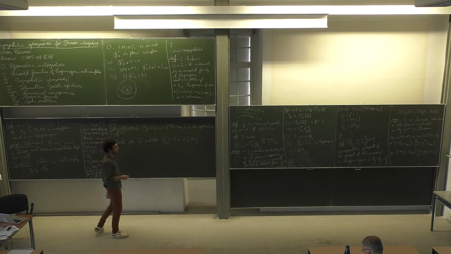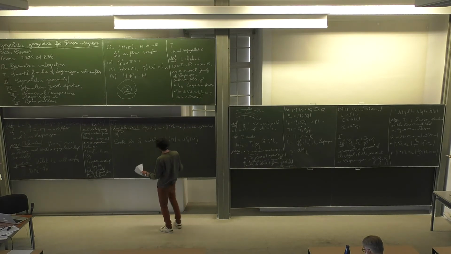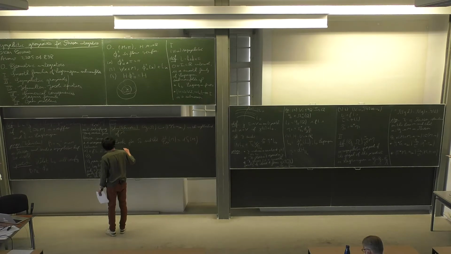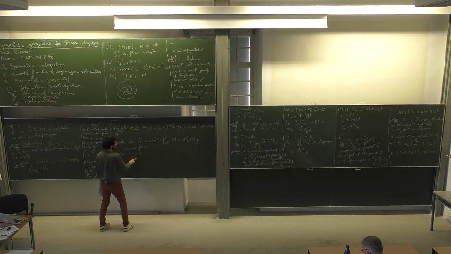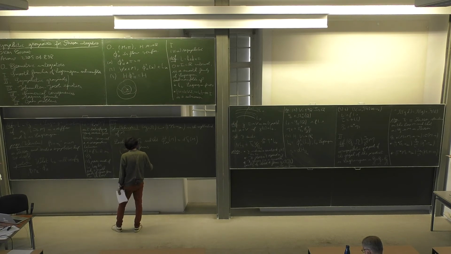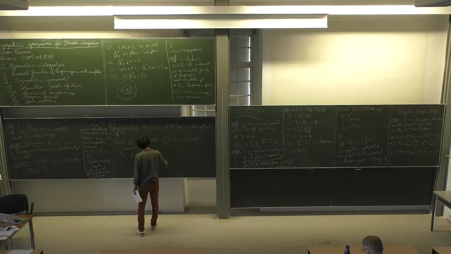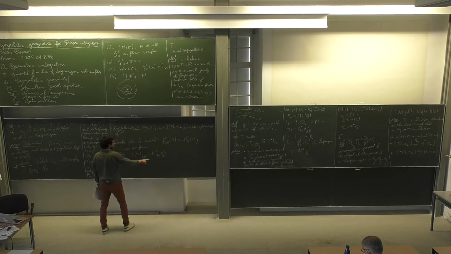And by using what we have here in the lemma, here we'll get the alpha star of H restricted to the graph of dS_t. And here we'll get this equality.